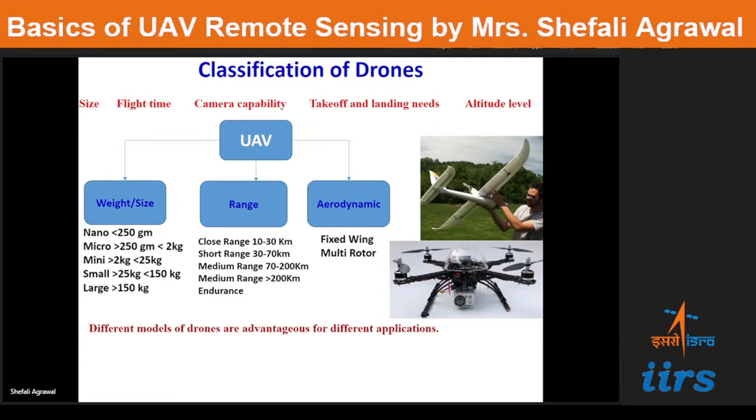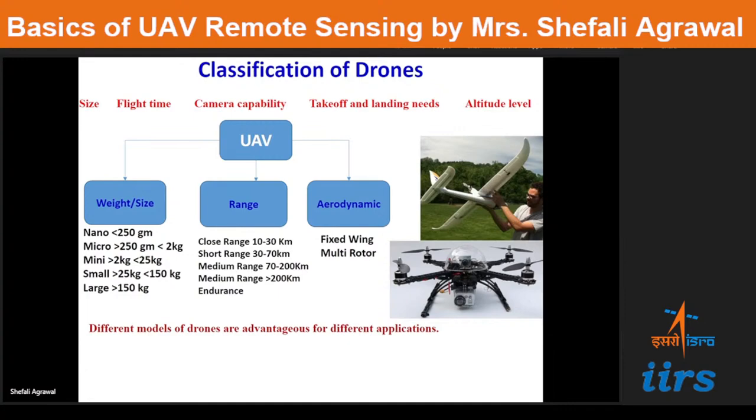Short range is 30 to 70, medium is 70 to 200 kilometers. When the battery life is large, if it can fly for 45 minutes, I can go for a medium range drone. But if the battery life is very small, 20 minutes, 15 minutes, then these are generally in the close range category. So if endurance time is less, then it's a close range.